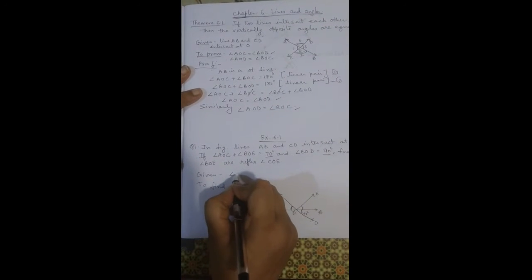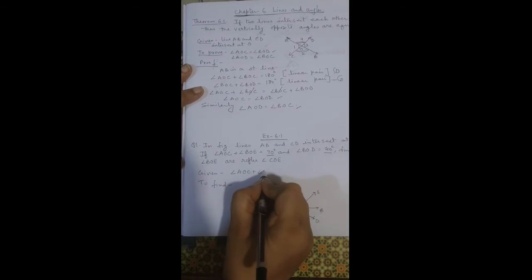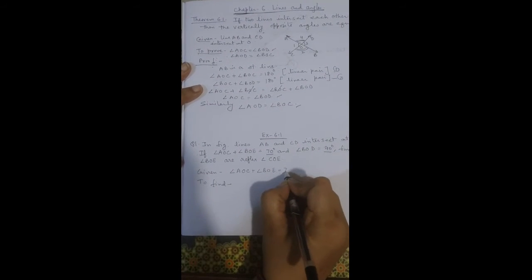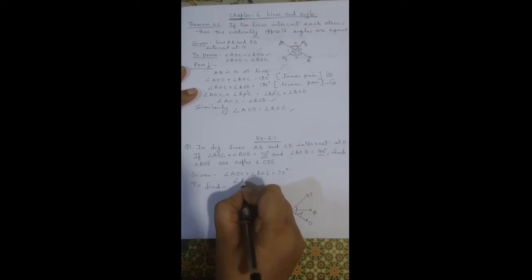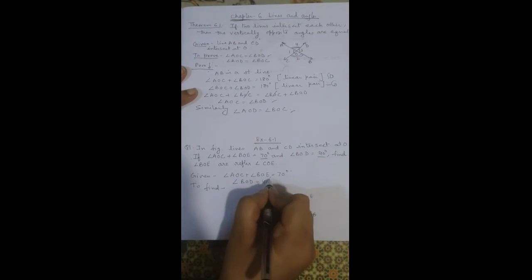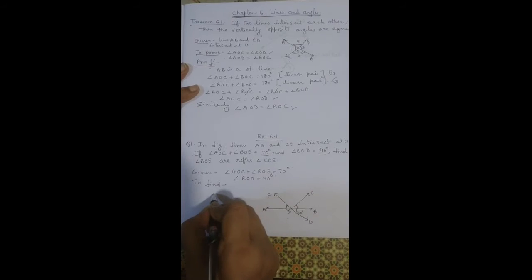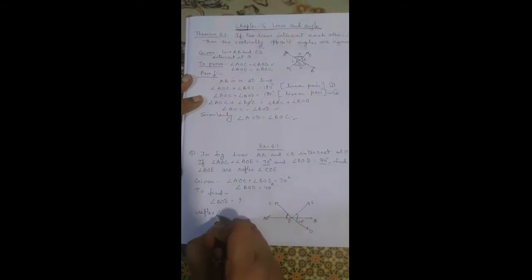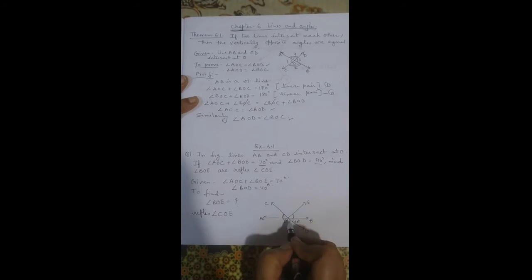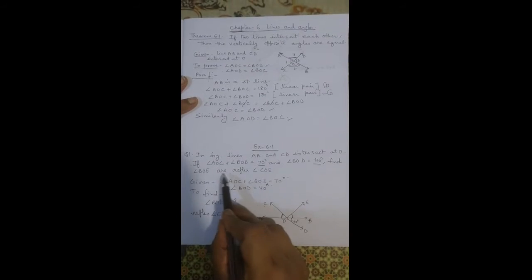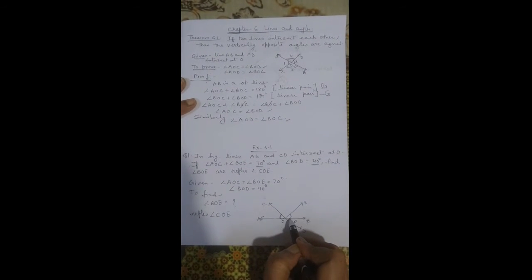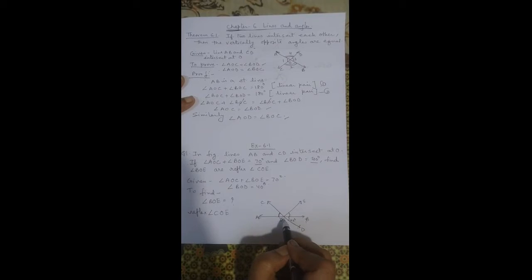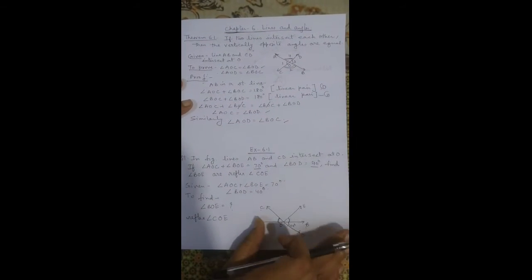So given here is angle AOC plus angle BOE equals 70 degree, and angle BOD equals 40 degree. You have to find angle BOE and reflex angle COE.